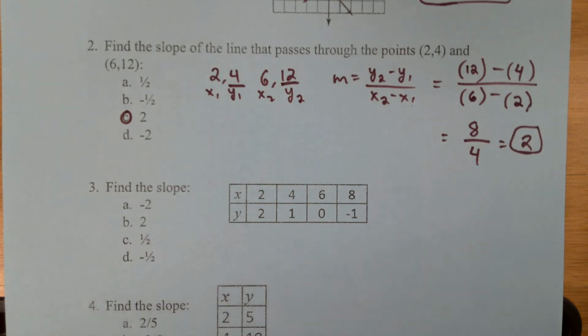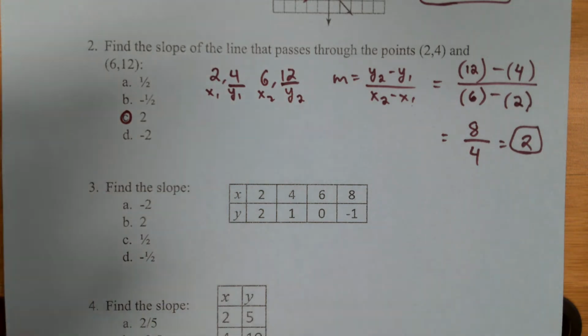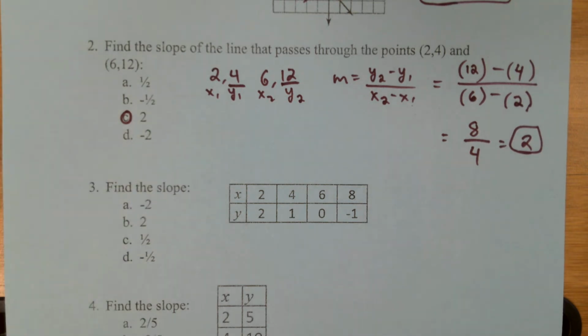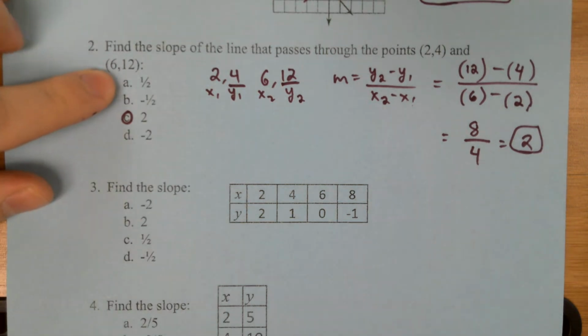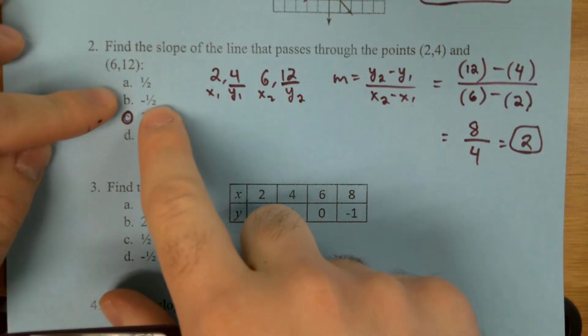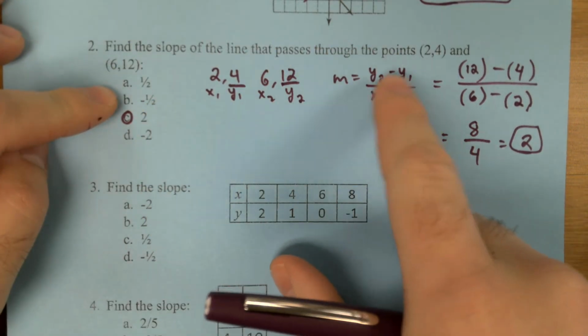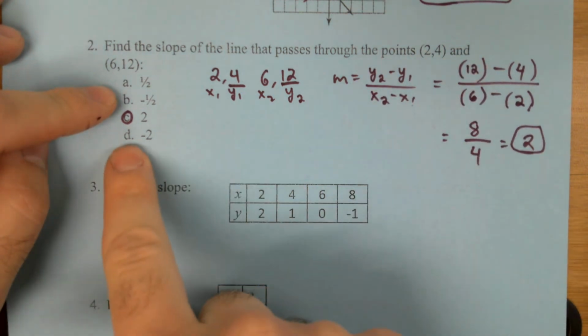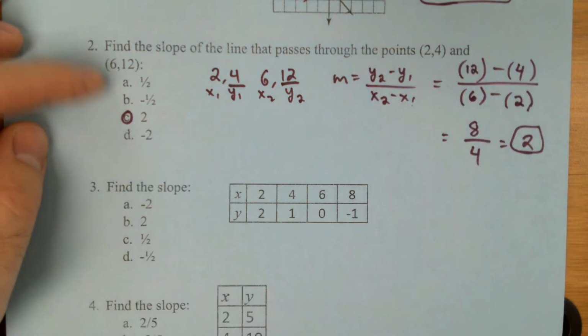Now the slope formula questions, if you got this right, that's how I really know that you know how to use the slope formula. Because if you had put x2 minus x1 on top instead, you would have gotten 1 over 2. If you had done that and then flipped your y2 and y1s and put y1 in front, you would have got negative 1/2. Or if you kept it like this but flipped your y2 and y1, you would have got negative 2.